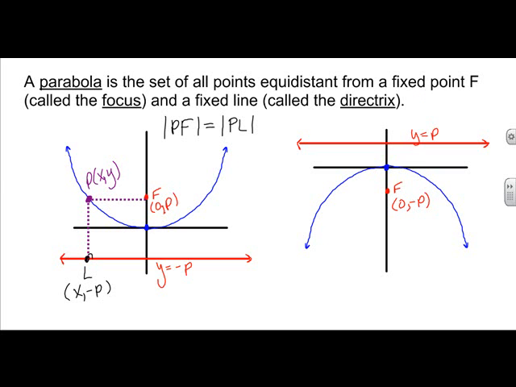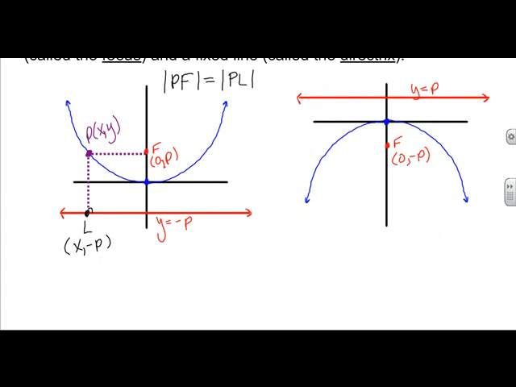So for a parabola that opens upward or downward, the equation will always be, and this is a little bit different than what you're used to seeing, x squared equals 4p times y. So the coefficient of the y term is going to help you figure out the value of p.